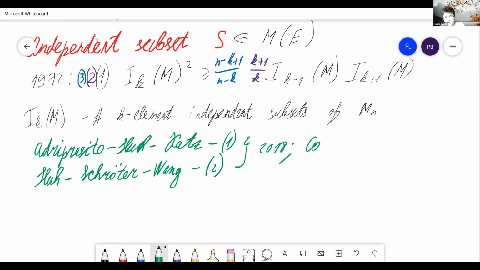And what they did, they used combinatorial Hodge theory, which actually made for quite complicated and technical proofs. What we're going to discuss here is the 3rd conjecture, the one that is the strongest.